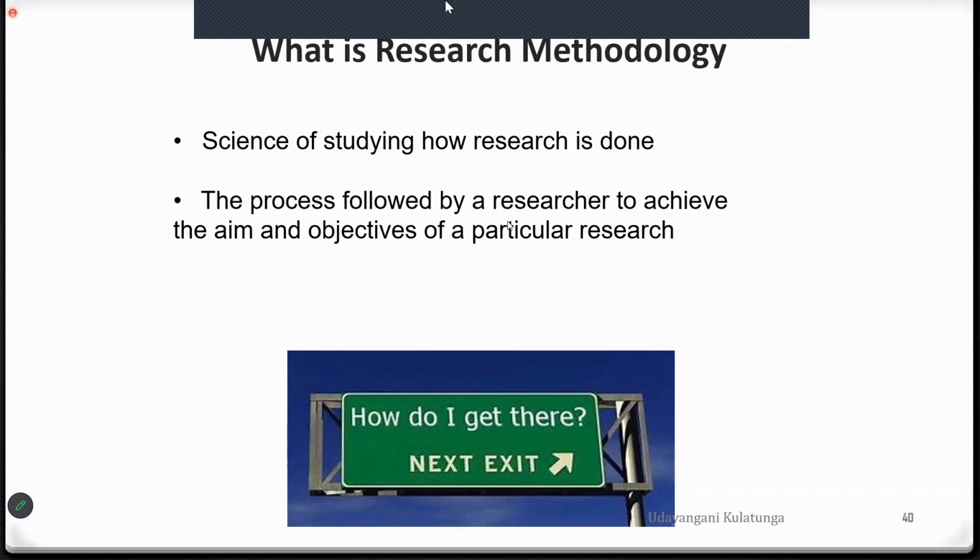This will include the process that we need to follow to reach the aim and objectives in a better way, from the starting point to the end point. So the end point will be fulfilling the aim and objectives. So how are we going to get there? What elements do I need to do to reach my final aim and objectives? That will be provided within the methodology.